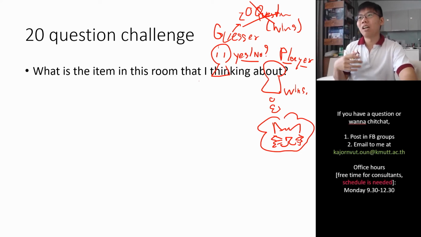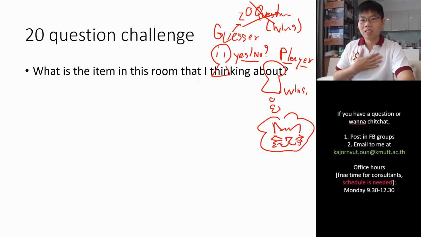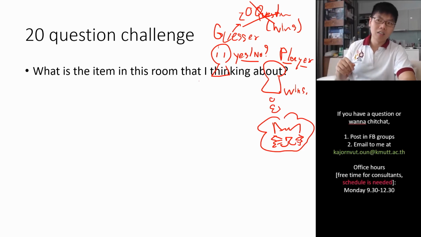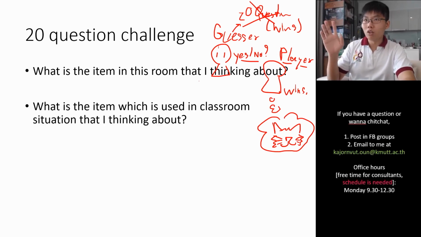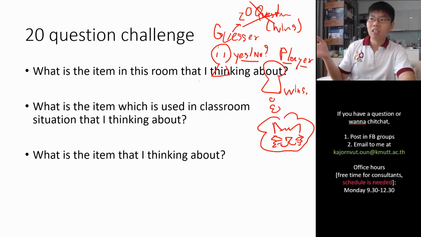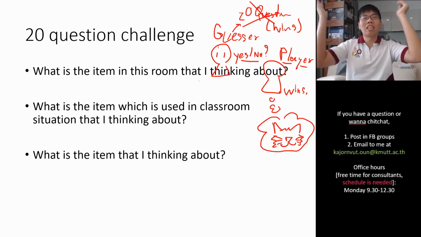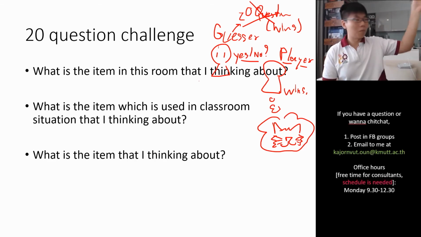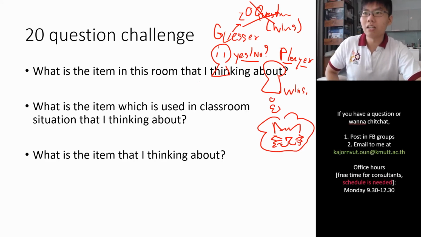For example, the item in the room that I'm thinking about, and then my wife might say, okay, is that big, or is that short, or is that long, or whatsoever? So you can try to make it harder and harder until something like what is the item that I'm thinking about, or what am I thinking about, which is extremely difficult because you don't have environment cues or any scope of the result that you can imagine.